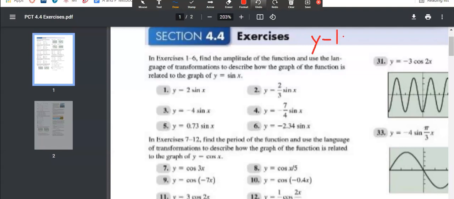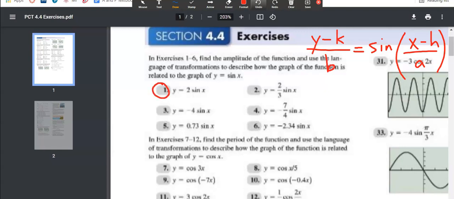Okay, so for a sine function, it would look like this. Now, in the particular question number 1 that we're dealing with, h and k are both zeros, which is why you don't see any numbers there.